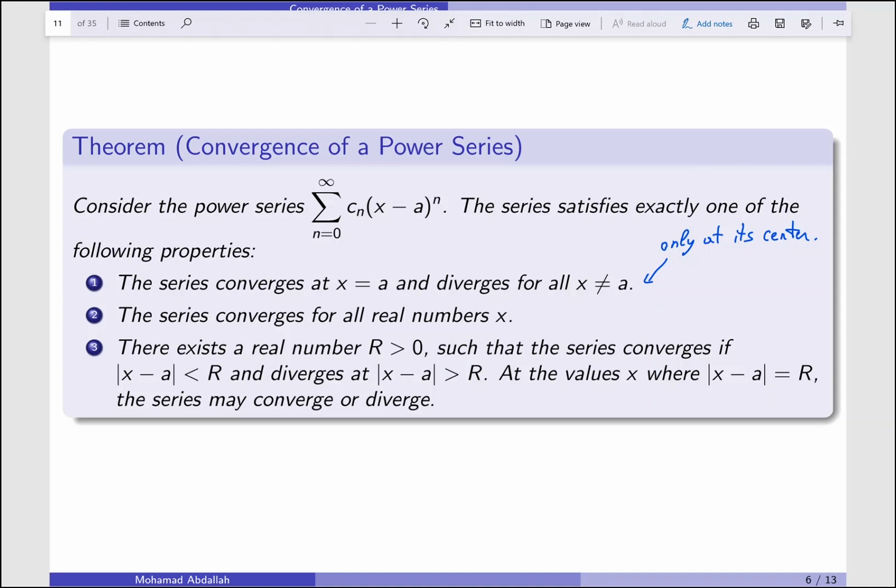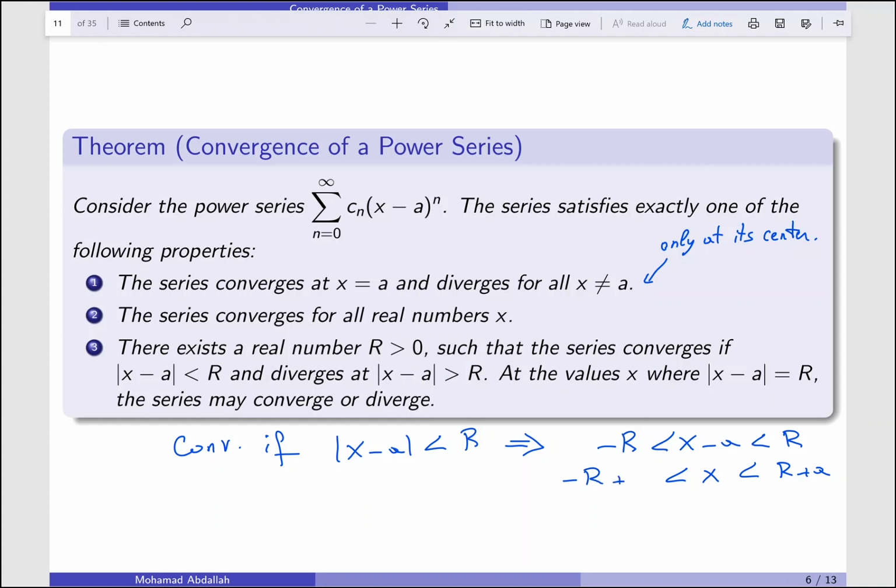So for example, I can say that it converges if |x minus a| is less than r. What does this mean? This means that x minus a is between minus r and r. Furthermore, this means that x is between minus r plus a and r plus a.